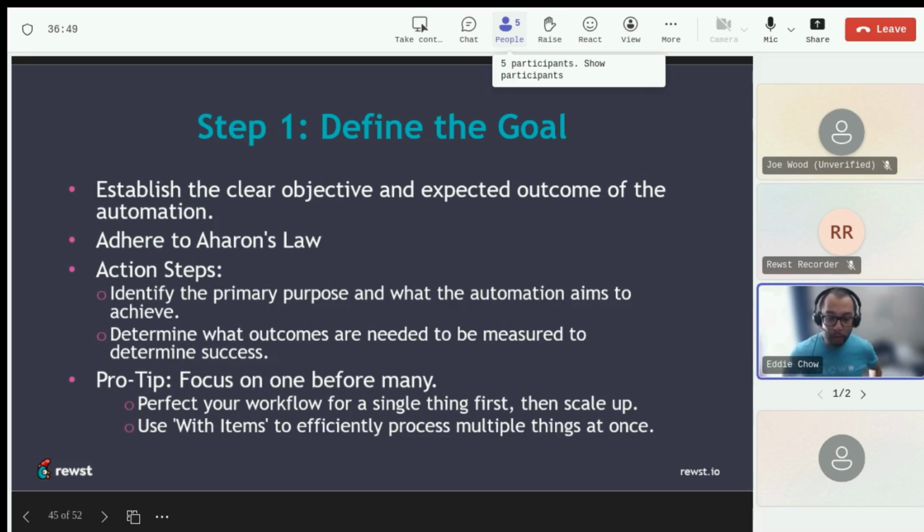When we think about defining the goal, again, we should focus in on that one thing and focus in on the singular first. Oftentimes we think about, I want to do this task for all users. That's usually a very common use case. Like, I want to get all of the users that are admins, for example.